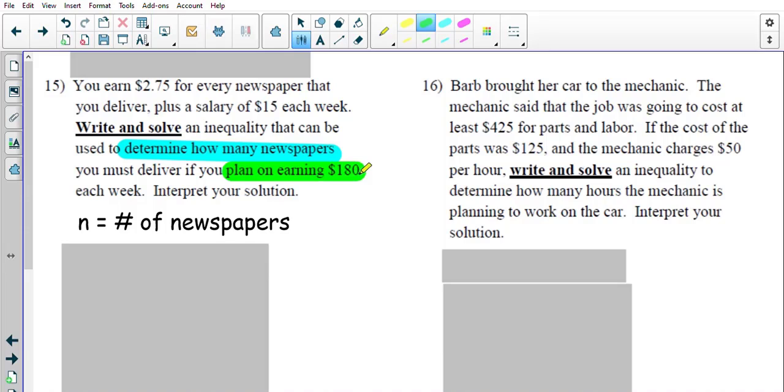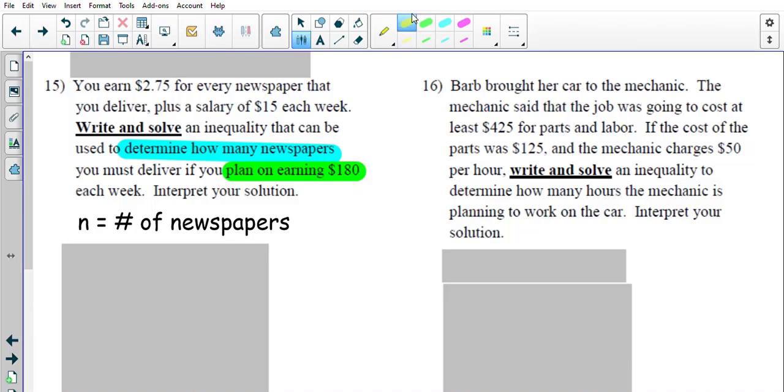So we want to think, do we want that to be less than 180, less than or equal to, greater than 180, or greater than or equal to? Well, if you plan on earning $180, my guess is you want to earn at least $180, which is our greater than or equal to symbol.